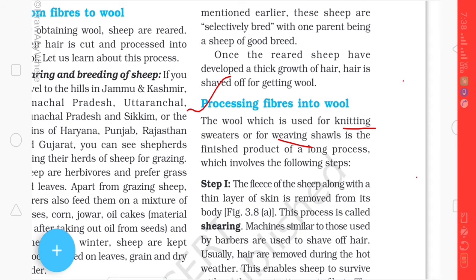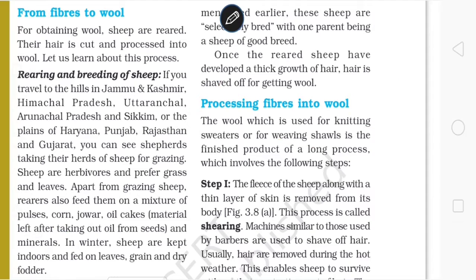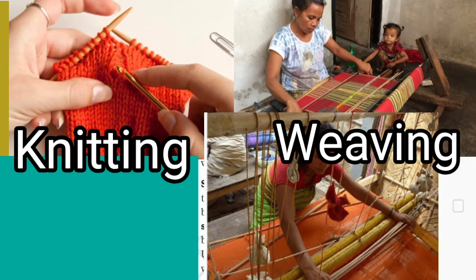So how are we getting the wool for knitting and for weaving? Let's see the processes here, step by step. Before going to the processes, let me show you some images of knitting and weaving to make it clear what is knitting and what is weaving, okay.